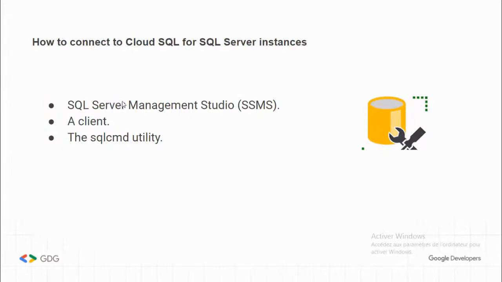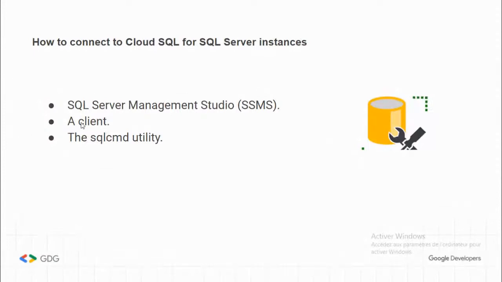The first one is using the SQL Server Management Studio, which is a software application that is used for configuring, managing, and administrating all components within SQL Server. So it is like an integrated environment for managing any SQL infrastructure.